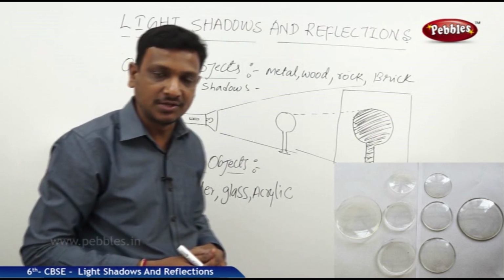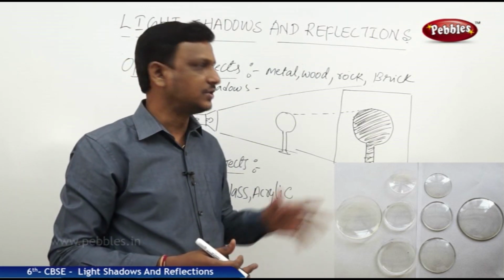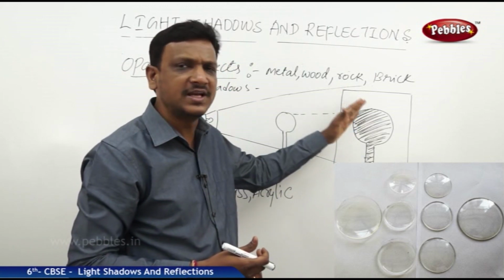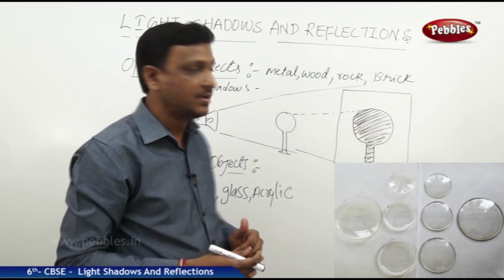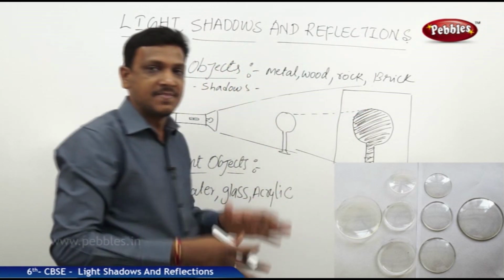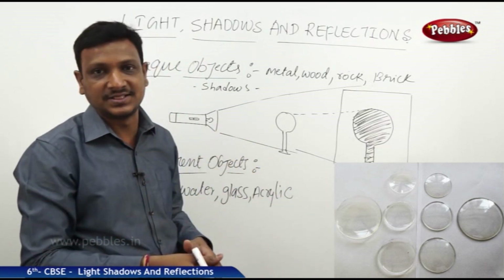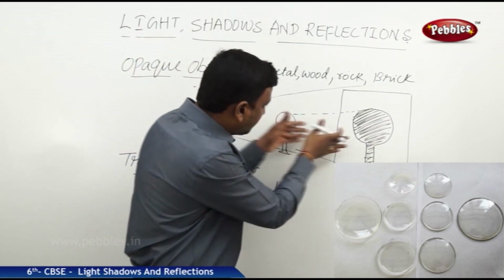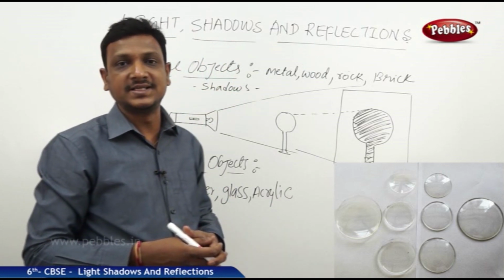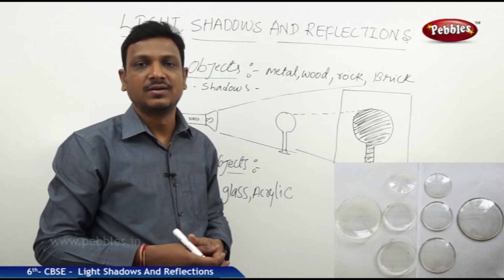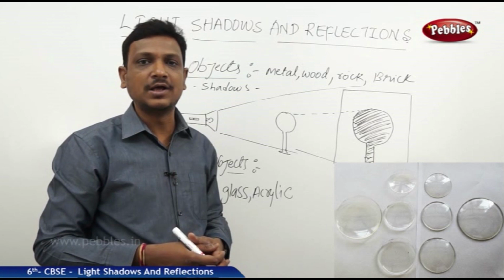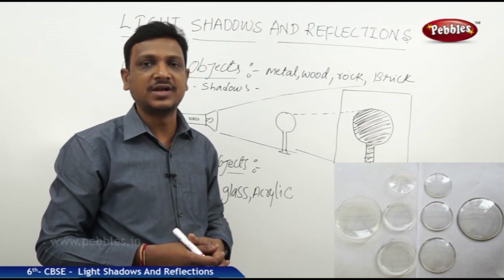Can it cast a shadow? No. Of course, even though it may cast a shadow, it will be very, very light. You can't see that, because the light is passing through. The transparent one is not obstructing the light, because the light is allowed to pass through it. So it's not casting any shadow. Right? Only the opaque objects are able to cast the shadows.